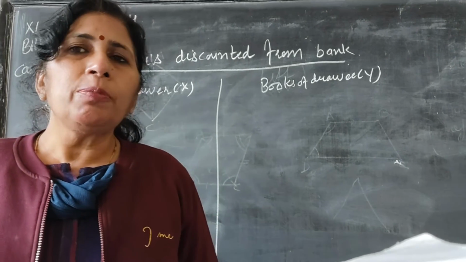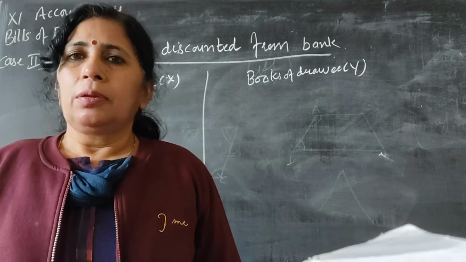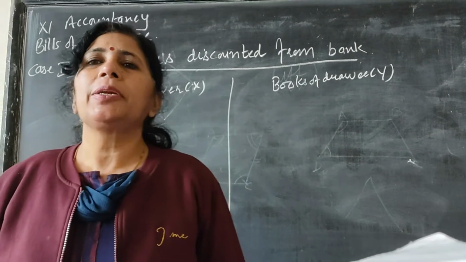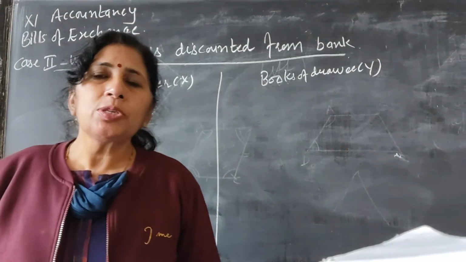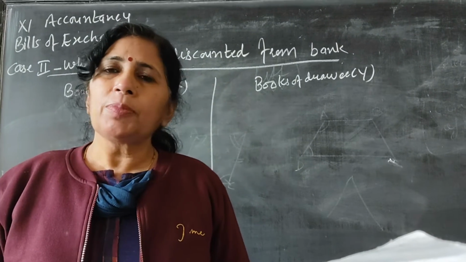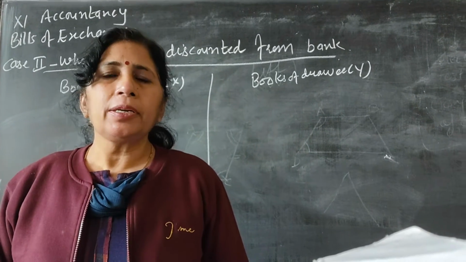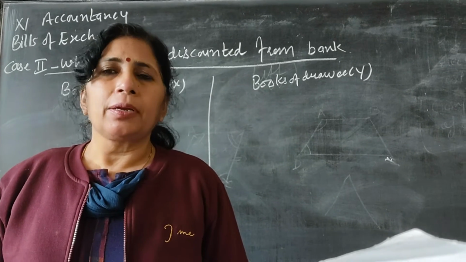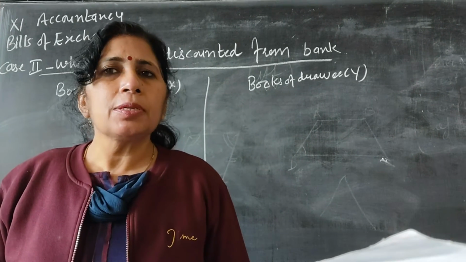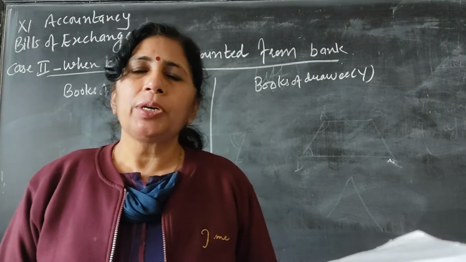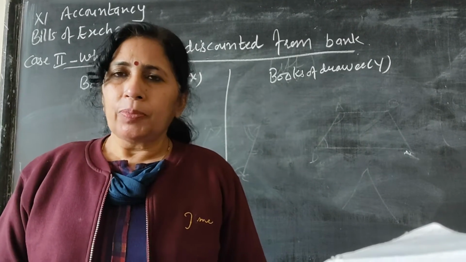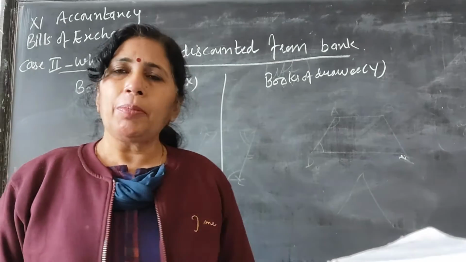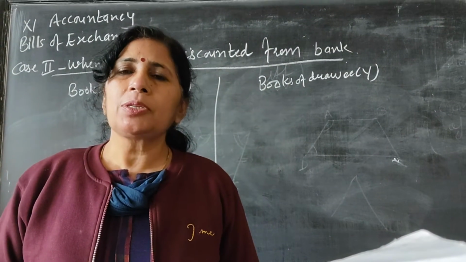Now discounting of a bill means when the holder of the bill, mainly the drawer, after acceptance has the bill and wants to get funds before the date of maturity. In that case he can get the bill discounted from the bank. If the bill is taken to the bank before the date of maturity, the bank deducts some amount for lending money on the basis of that bill.